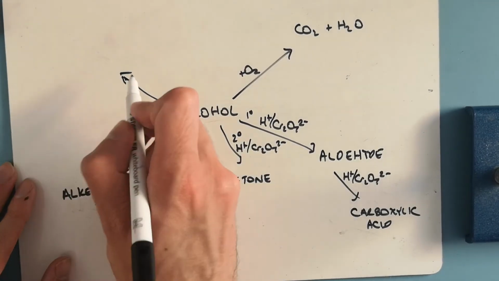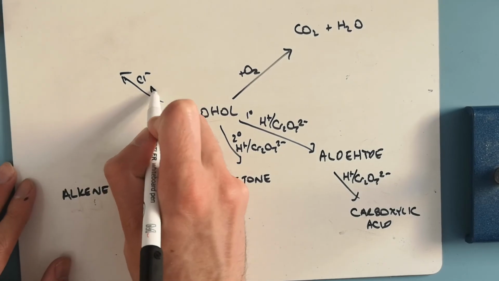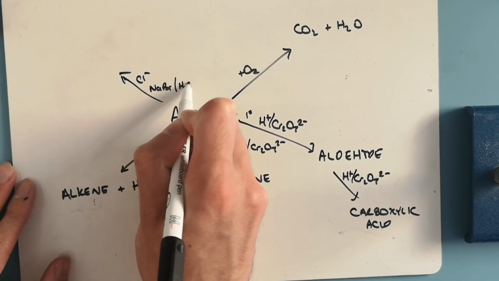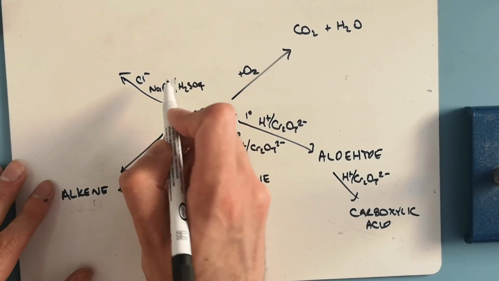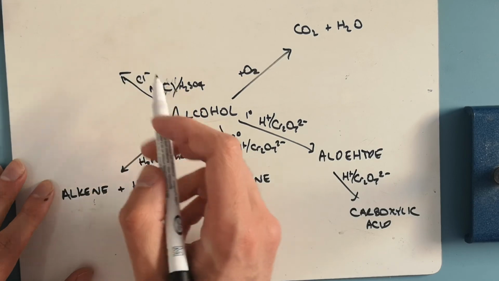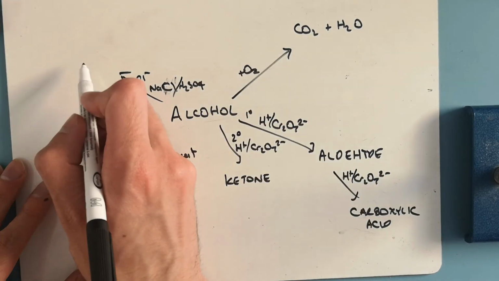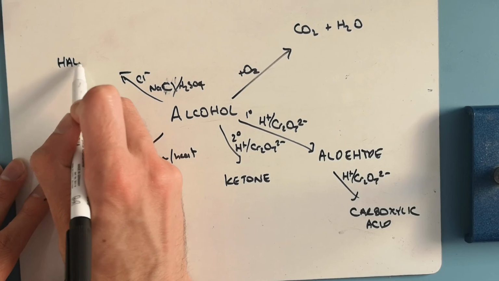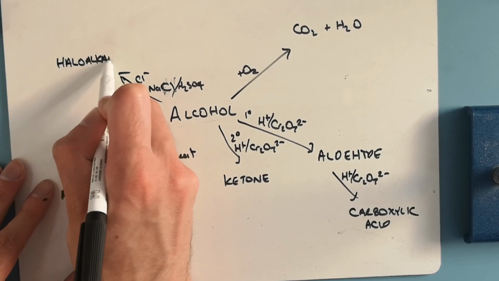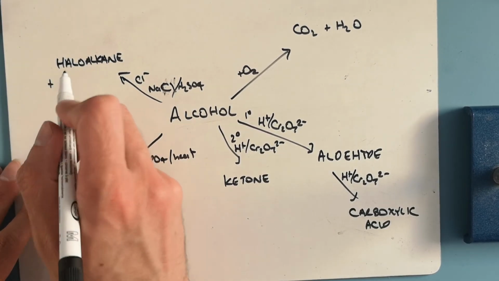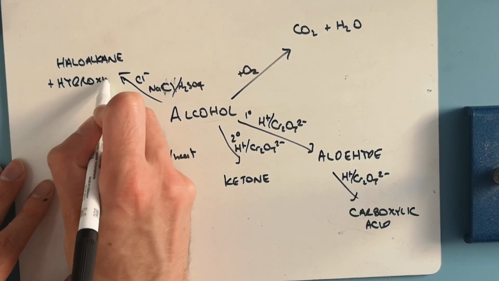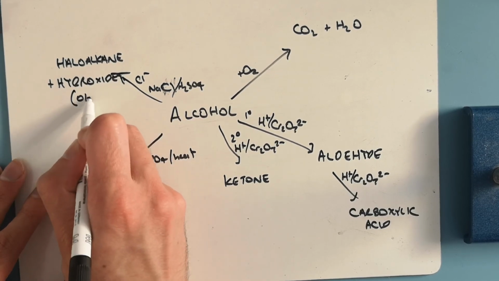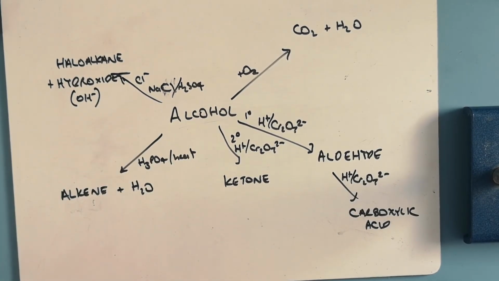And if we add Cl minus with sodium chloride and H2SO4, then we'll get our haloalkane plus hydroxide. Hydroxide is OH minus. We just swap it off. So there are the reactions of alcohols.